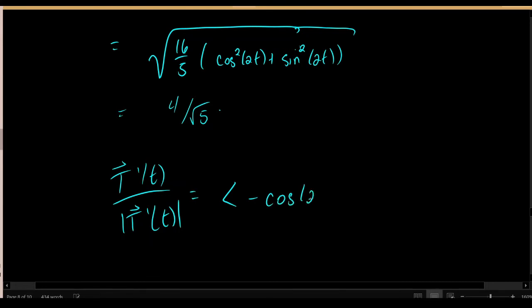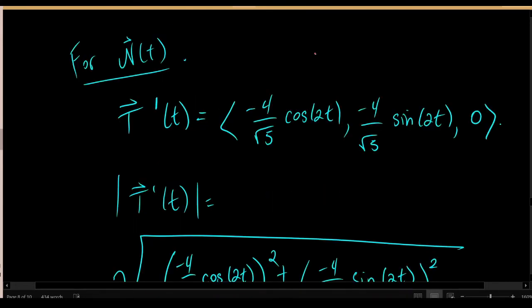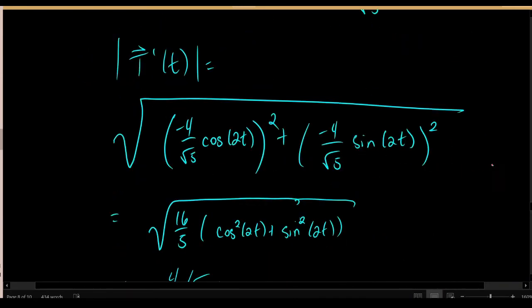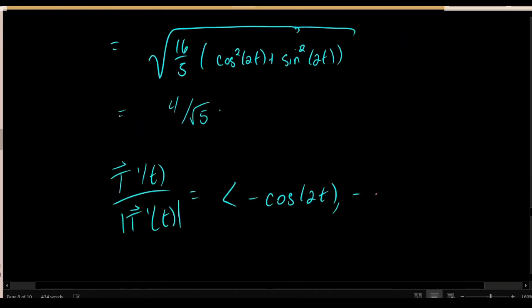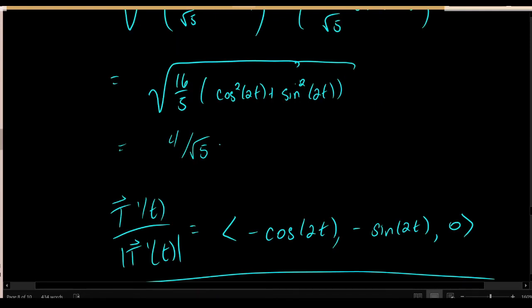Negative cos 2t. Negative 4 over root 5 divided by 4 over root 5 also goes to 1, so we are left with negative sine 2t. And then 0 divided by anything is still 0. This is the formula for the unit normal vector at any given time.